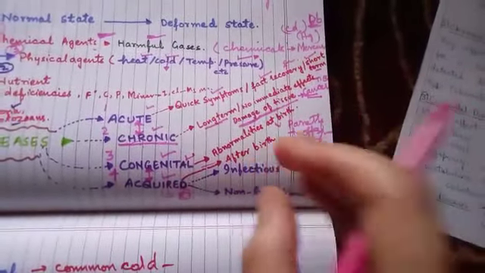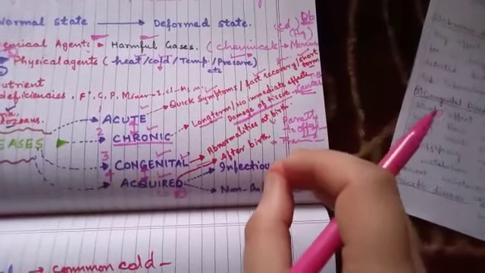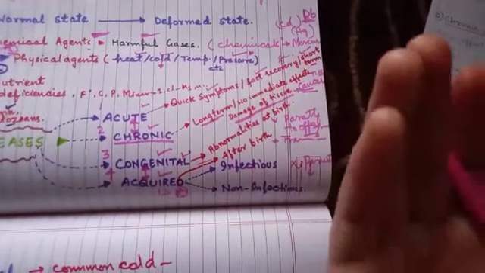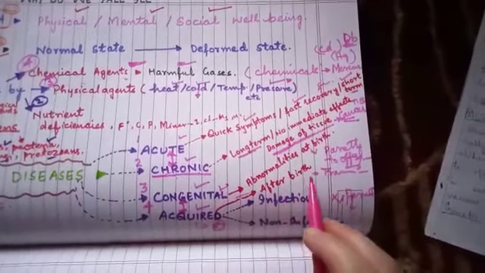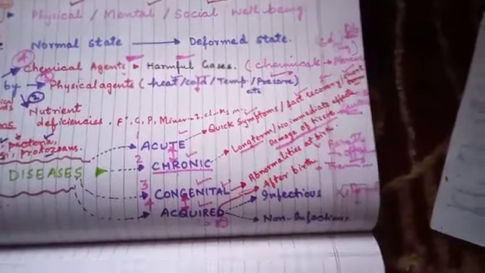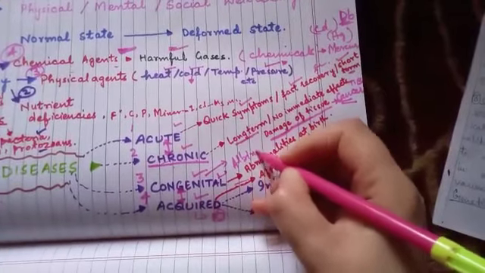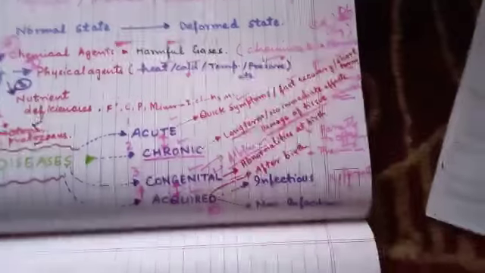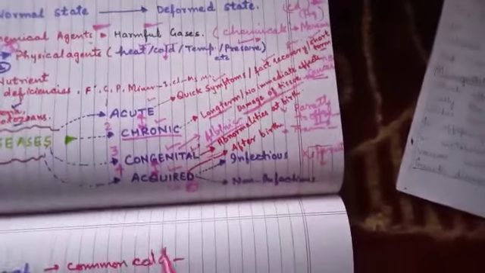If a Down syndrome person gets married, he will give birth to a Down syndrome child. So congenital diseases are transferred from parents to offspring. The next example you will better understand is albinism. Albinism is also a congenital disease.